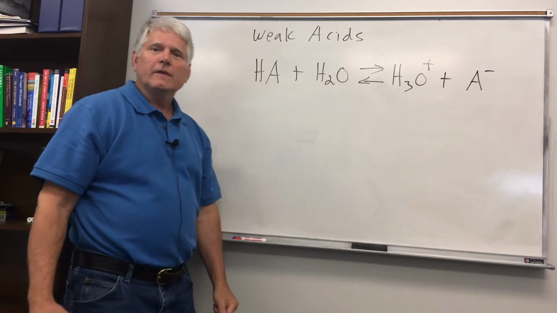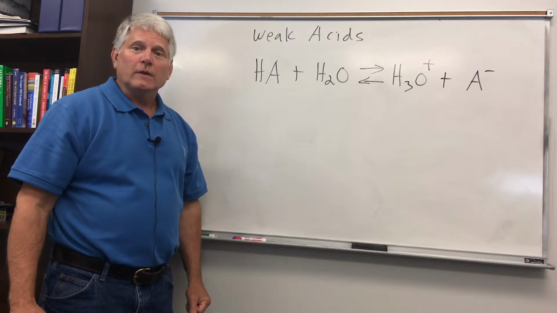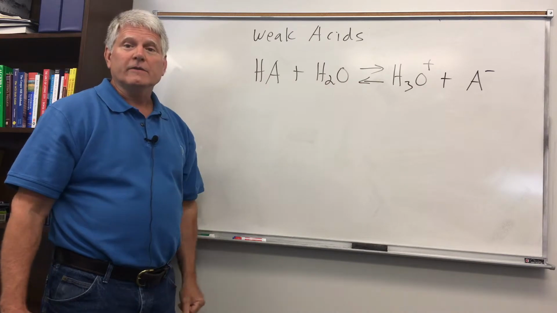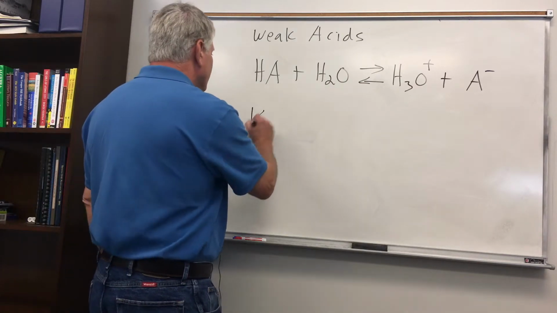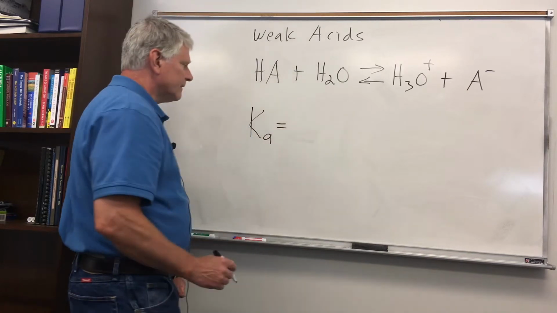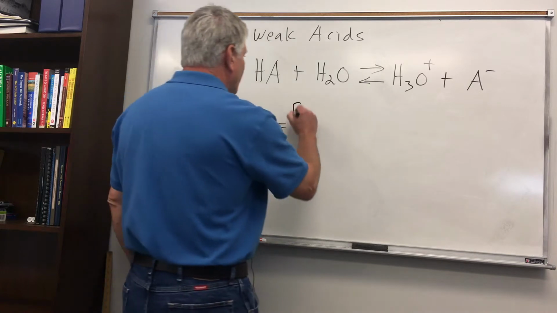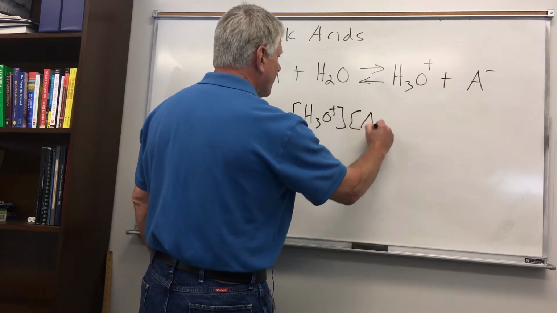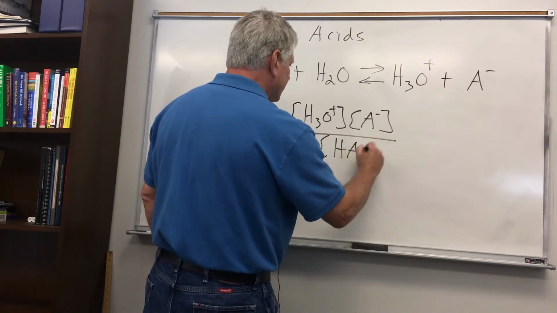So we can use the techniques that we learned from the last chapter in equilibrium to calculate the concentrations of each species at equilibrium. So we have an equilibrium constant you've seen, as we call it K sub A for acid, and it's just the concentration of the products divided by the concentration of the reactants.